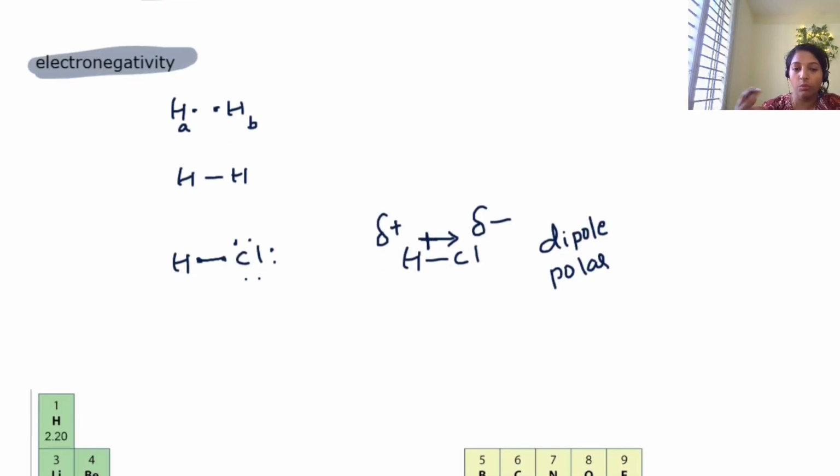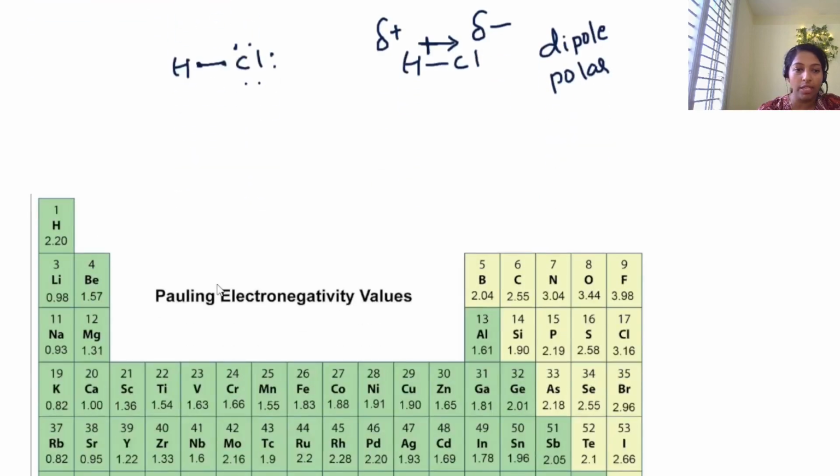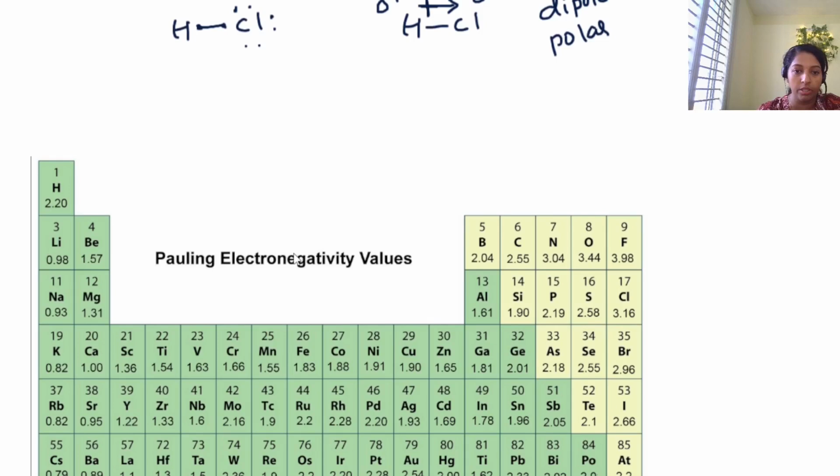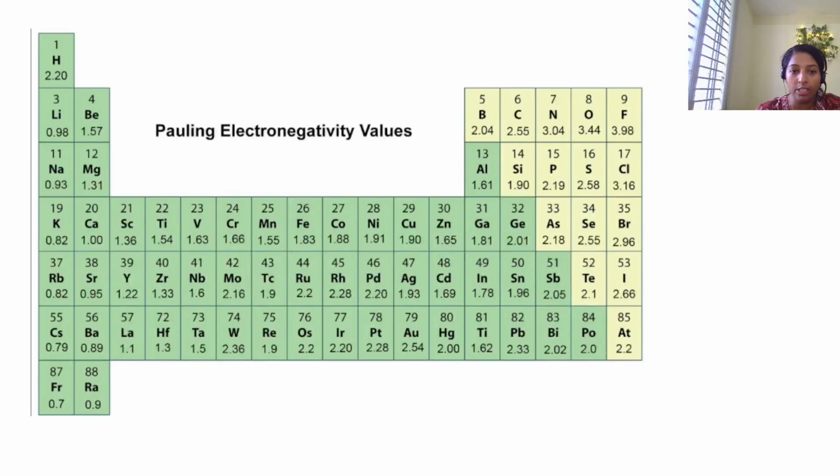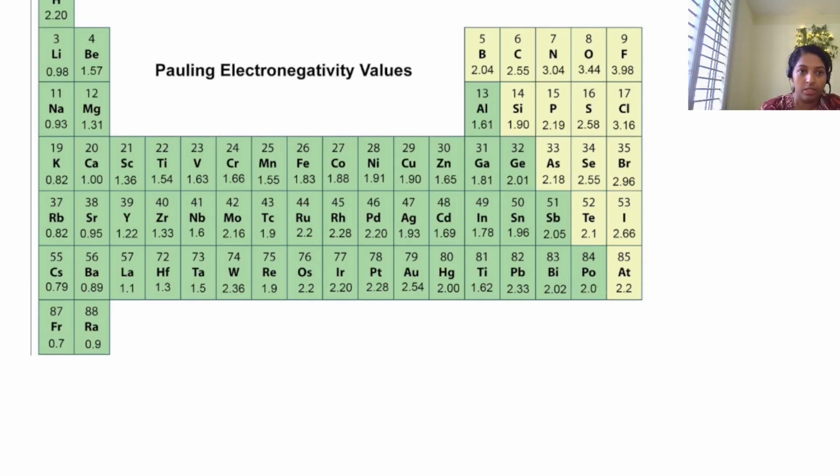Now see the electronegativity values. There is the Pauling scale, where Pauling, the scientist, gave the values for all these elements. Let's see how Pauling explains polarity.